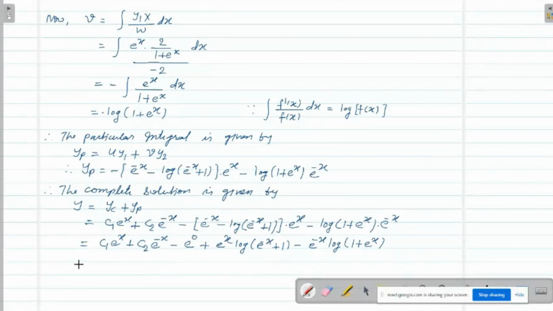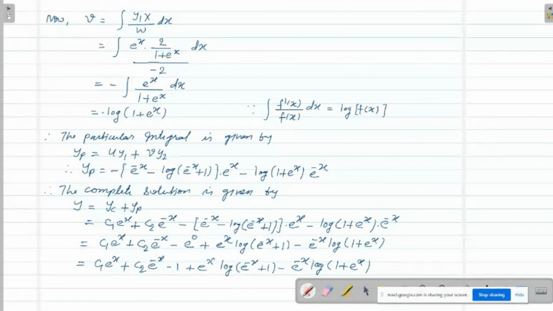Write down one more step: this equals c1 e raised to x plus c2 e raised to minus x, minus 1, since e raised to 0 is 1, plus e raised to x log of e raised to minus x plus 1, minus e raised to minus x log of 1 plus e raised to x.